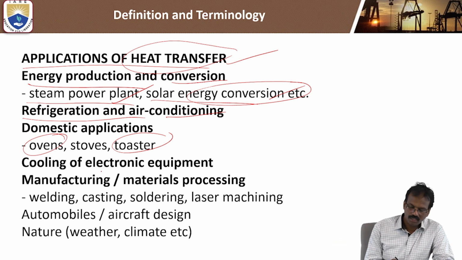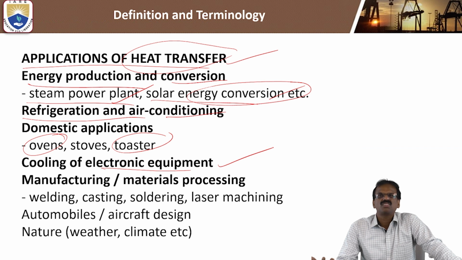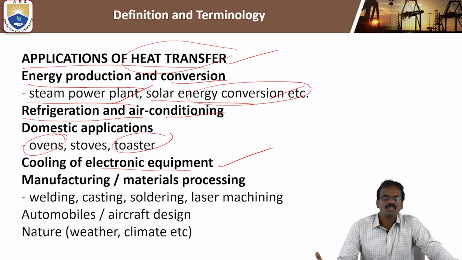Next, cooling of electronic equipment: we'll see some fins on generators, air compressors and transformers for the cooling purposes. In the automobile sector, for the cooling of engines, we'll use fins, rectangular or circular types of fins, only for the cooling purpose of the engine.